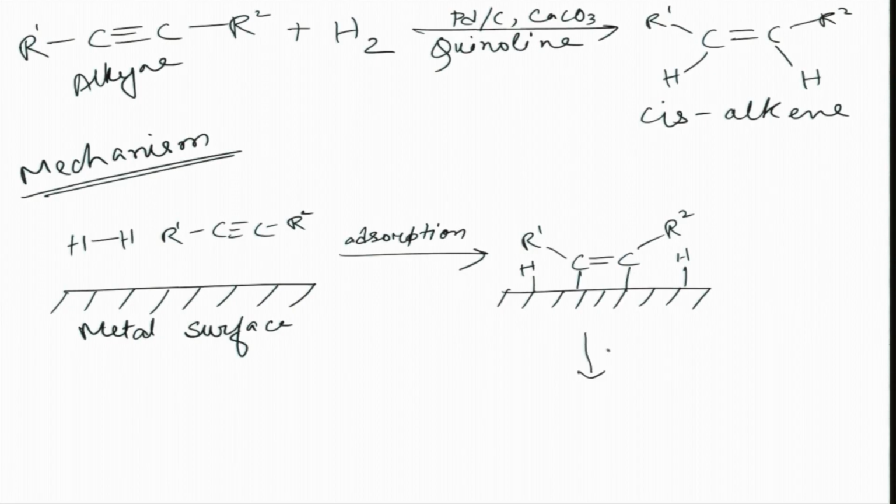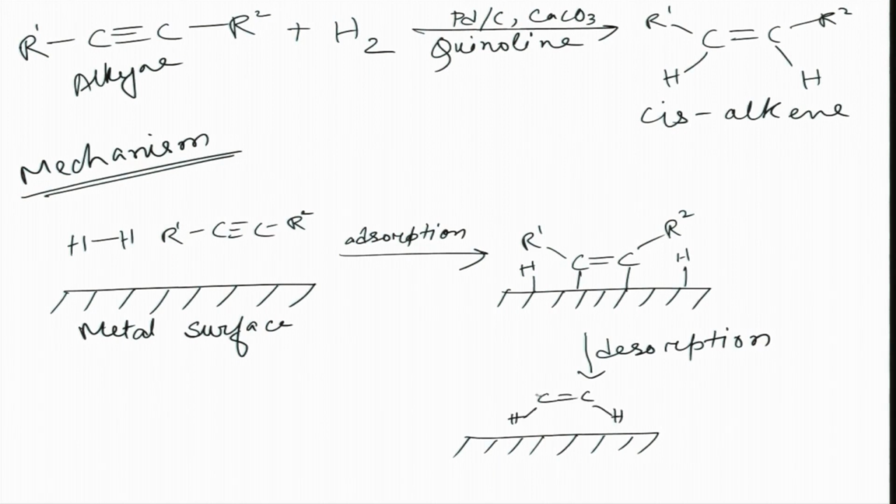In the next step, called desorption, the hydrogens adsorbed on the metal surface form bonds with the carbons, and the resulting alkene is desorbed from the metal surface. The metal surface is left as it was and we get an alkene. This was the mechanism for hydrogenation of alkynes with the help of Lindlar's catalyst.